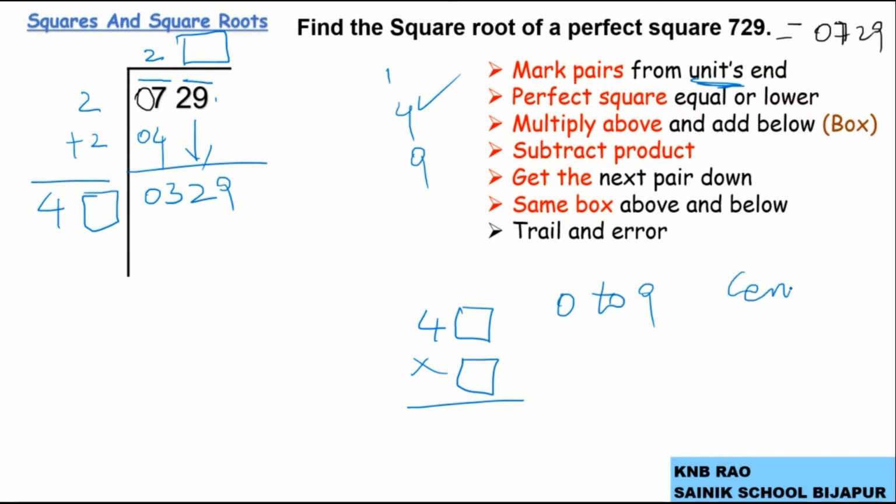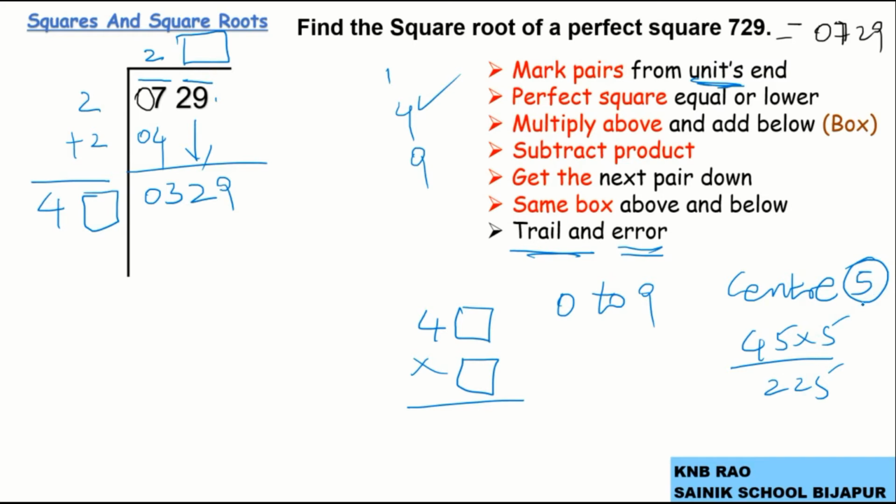As I said, while finding using trial and error method, use the center technique. So center is 5, and you know already 45 5s is 225. That means I should not choose below digits, I have to choose above digits only. Now above digits are 6, 7, 8, 9.